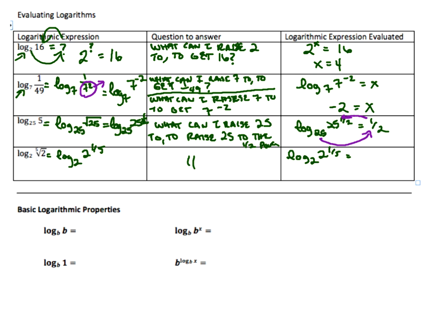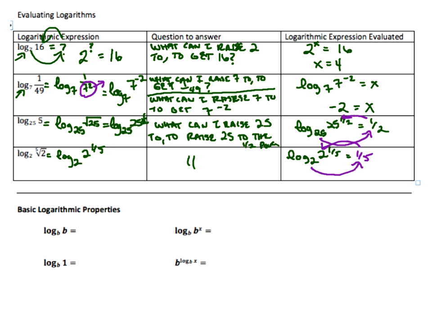In other words, what can I raise 2 to, to get 2 to the 1/5 power? You're asking what can I raise my base to, to equal my 2 to the 1/5 power. Well, the only thing I can raise 2 to is 1/5.